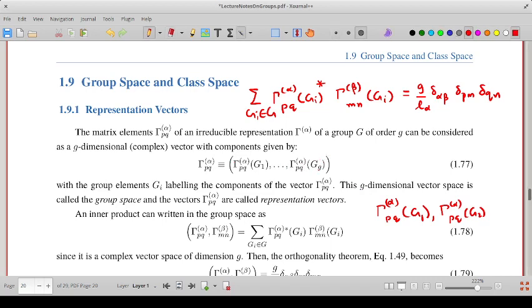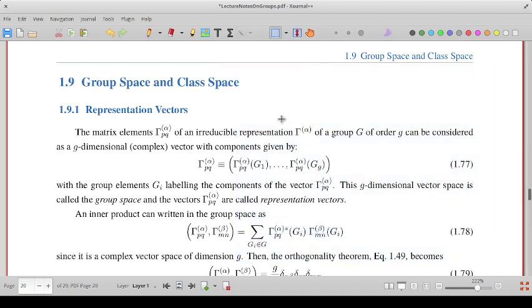So this is an ordered set of g numbers. We may consider it as a row vector in a g-dimensional complex vector space, because these gamma^alpha_pq are complex numbers.